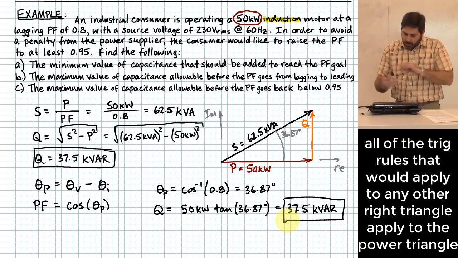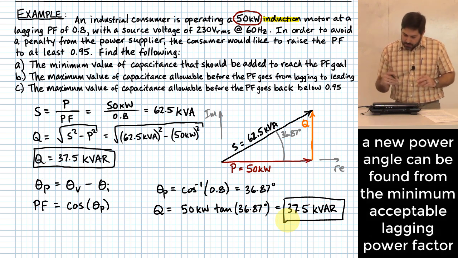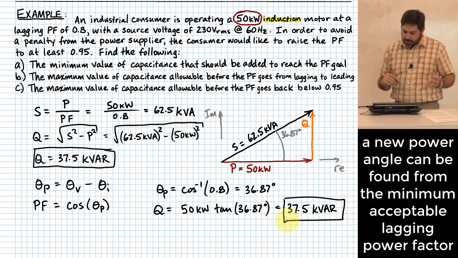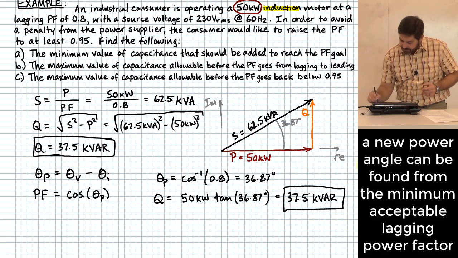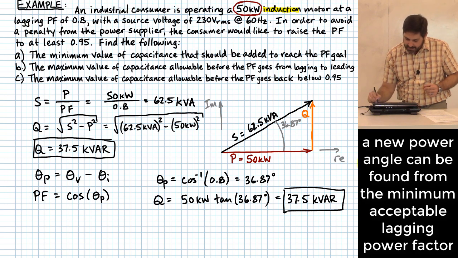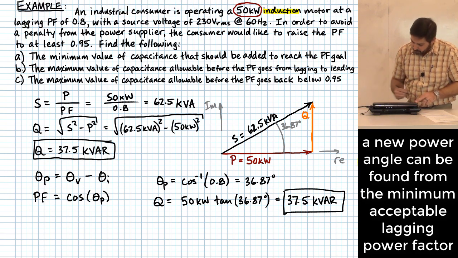Okay, now it says, in order to avoid a penalty from the power supplier, the consumer would like to raise the power factor to at least 0.95. Okay, the angle approach to that, using angles down here, is what?